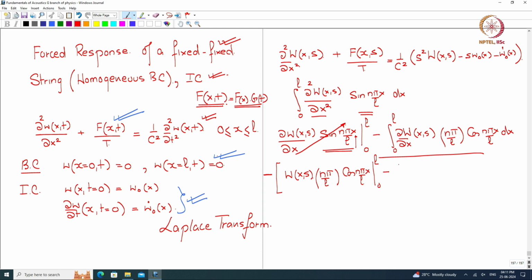Again minus an integral which goes from 0 to L W of x comma s, then n pi by L whole squared sine n pi x by L into minus 1 into dx.